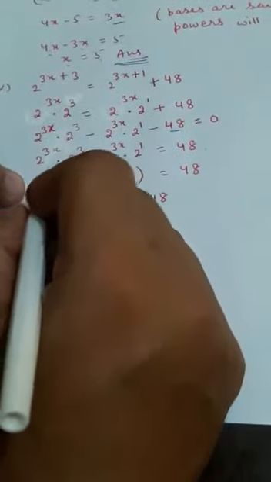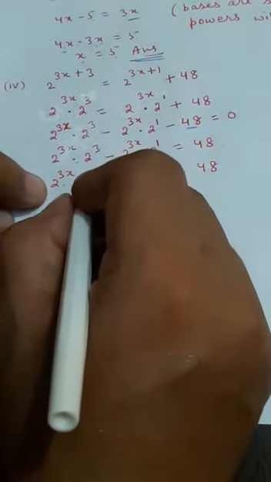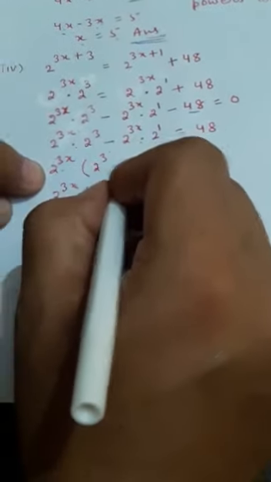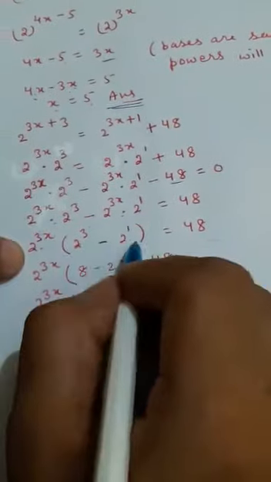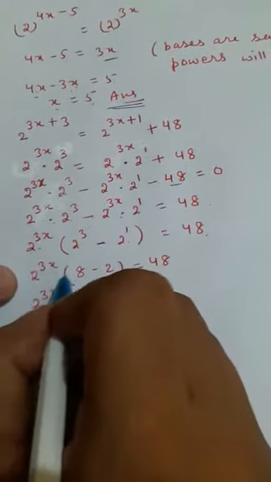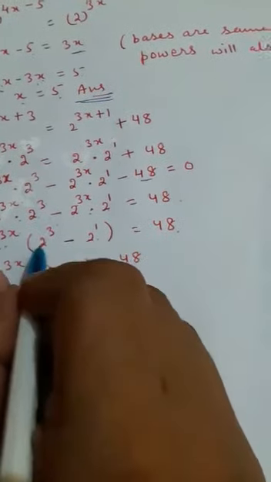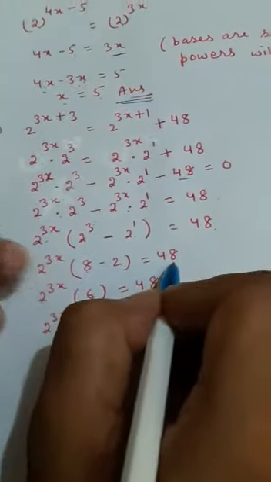Now we will take 2 power 3x as common, so this we have taken outside the bracket, then here 2 power 3 will remain, minus 2 power 3x we have already taken outside, so 2 power 1 will remain here, that is equal to 48. Now 2 power 3x, bracket open, 2 power 3 means 8 minus 2 power 1 means 2, bracket close, is equal to 48.